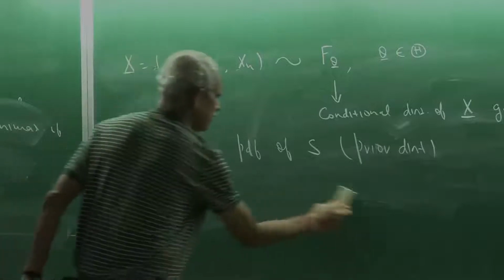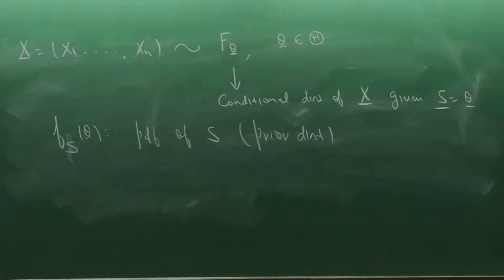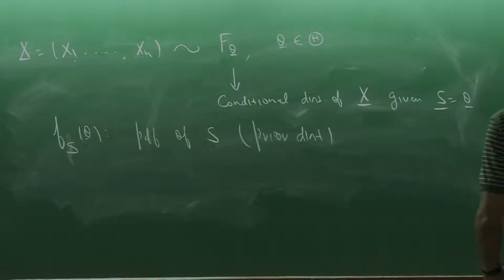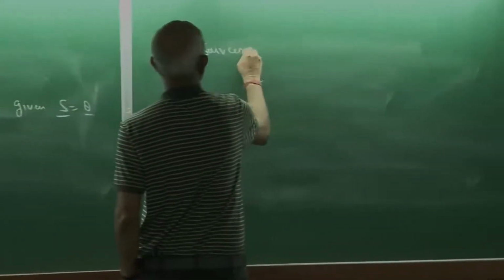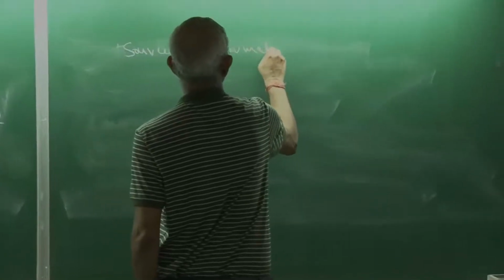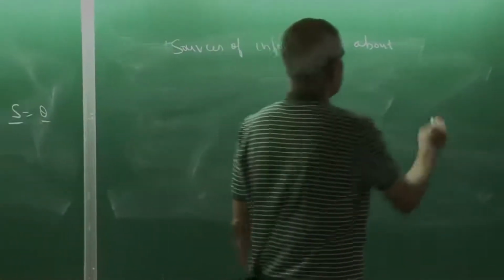So let me write down the flow. What are the sources of information about the unknown state of nature?